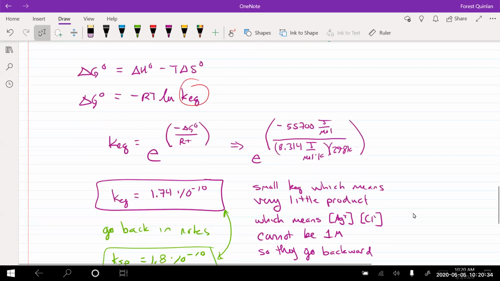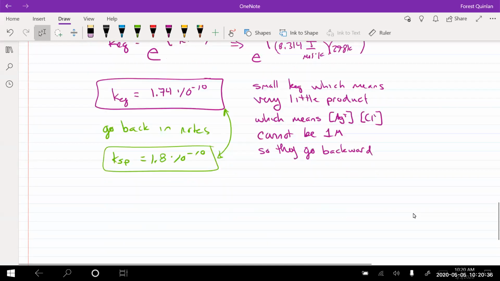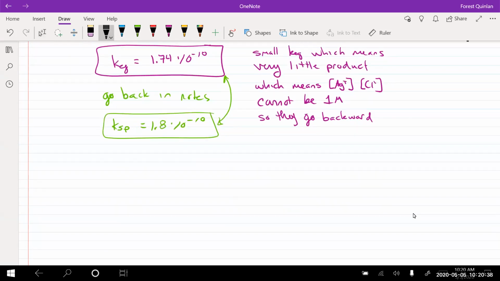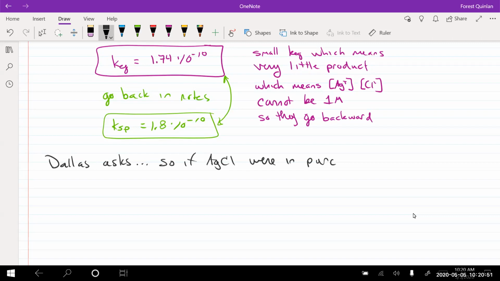So remember, we've been doing a lot of delta G naughts, right? So what you're saying is, Dallas asks, if AgCl were in pure water, it would break up a little, right? Yep.